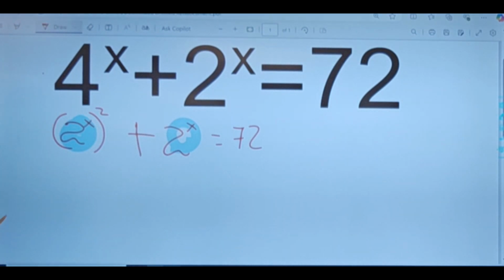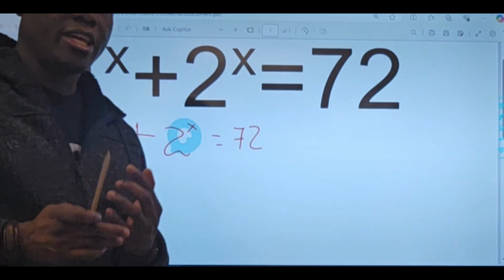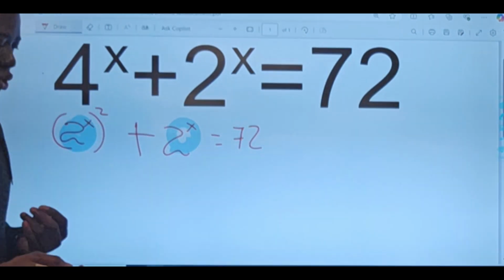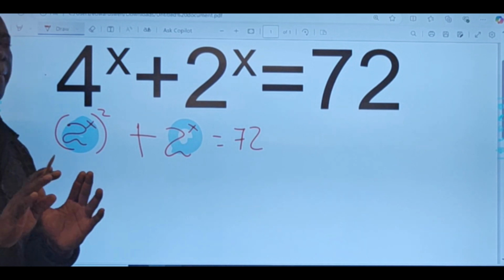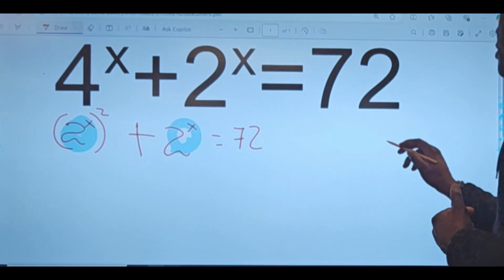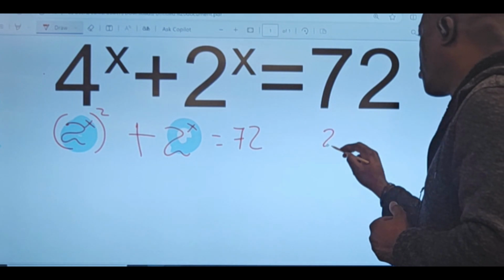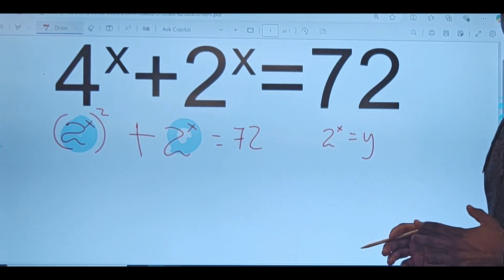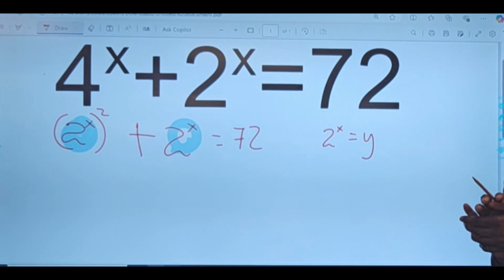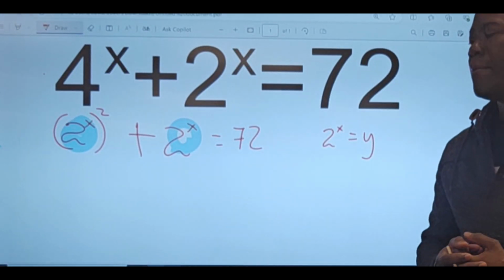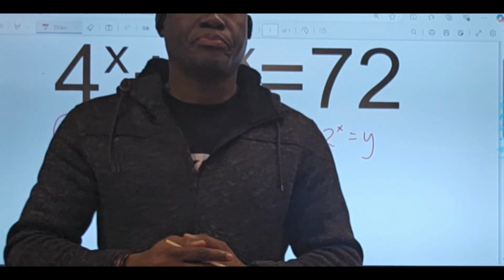So let us say I intend to take 2 to the x and turn that into y. So 2 raised to the x, we are going to let that equal y. I'm going to rewrite my statement there.